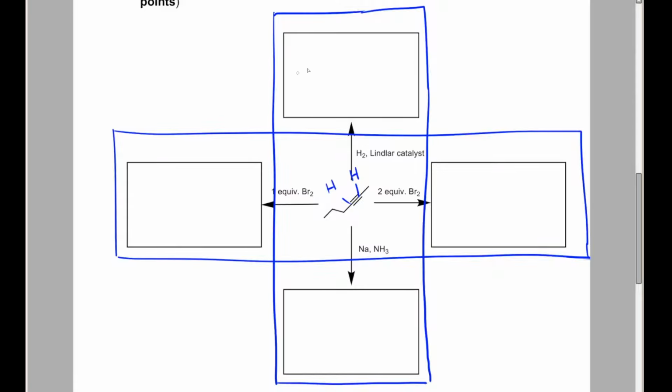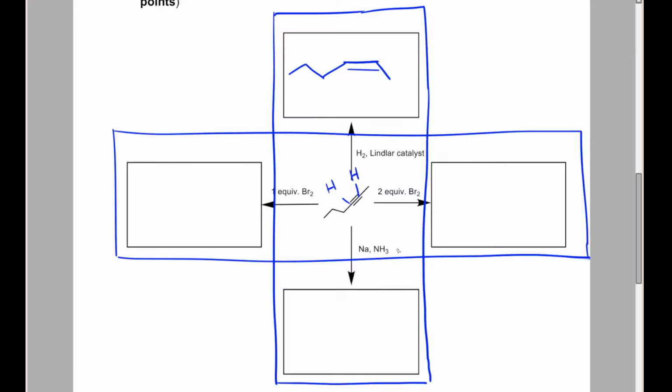So for example, for this first reaction, we need to draw the bending like this, because this indicates that there's a hydrogen on the same side. We can't draw the bending to be like this, because then it indicates that the hydrogens are added on opposite sides, which would be anti-addition, which is not the mechanism of action that we get with H2 in Lindlar's catalyst.